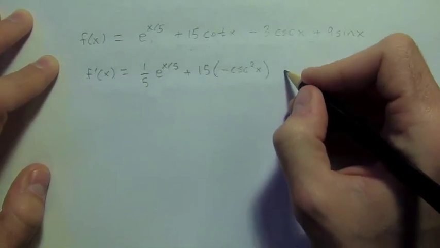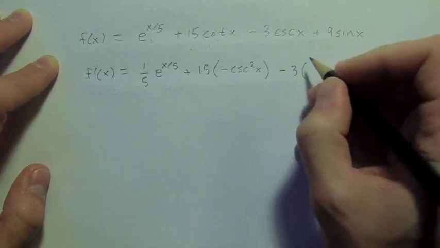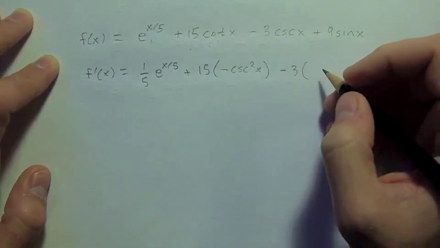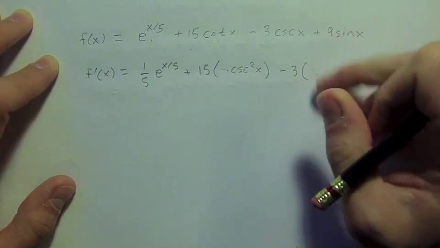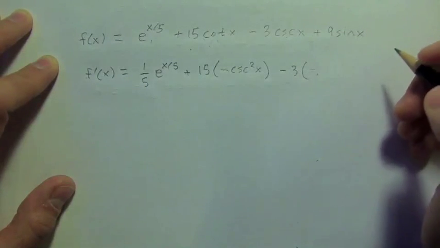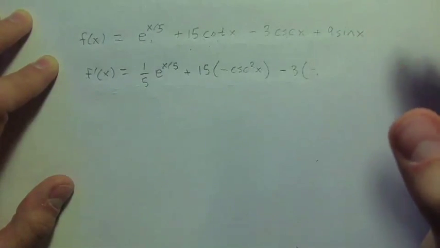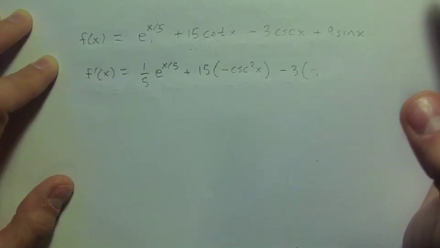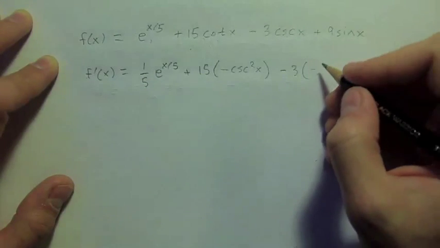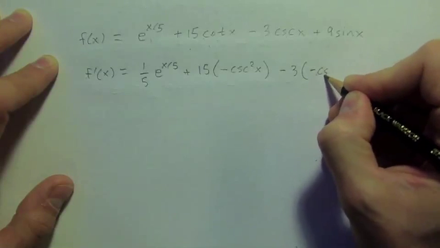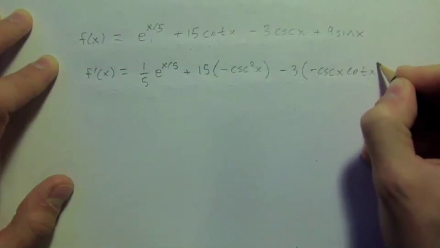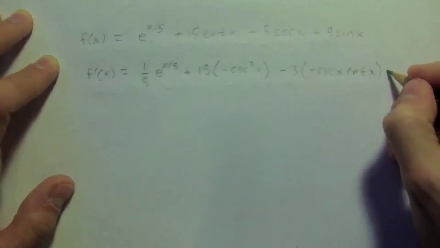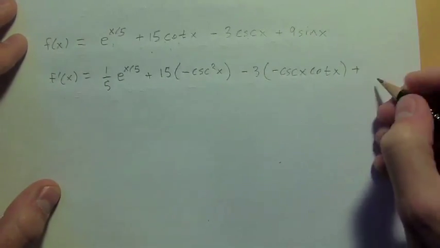Then I have negative 3 times the derivative of cosecant x, which you should be able to tell me. Again, can't hear you, but go ahead and make a guess. Yeah, that's negative cosecant x cotangent x. And then plus 9.